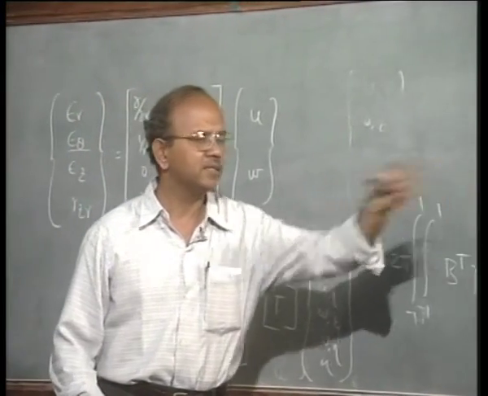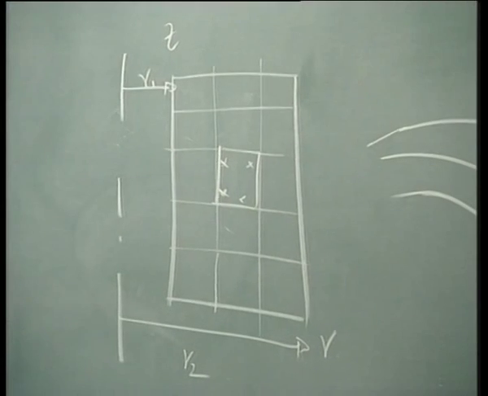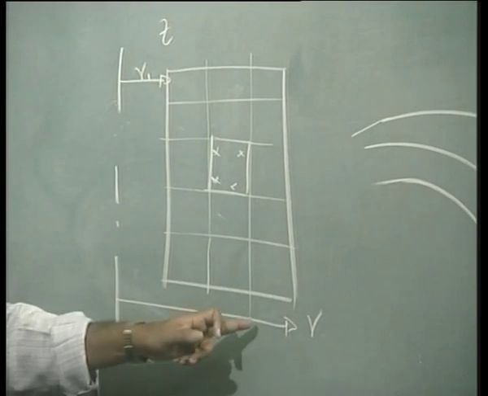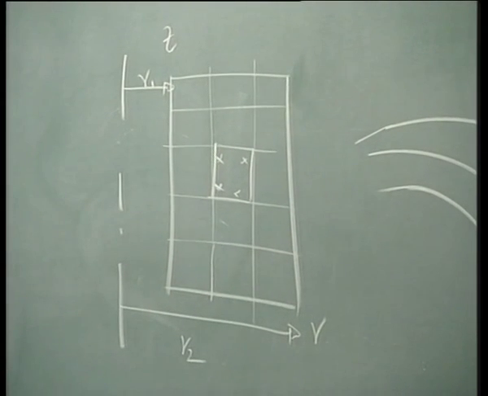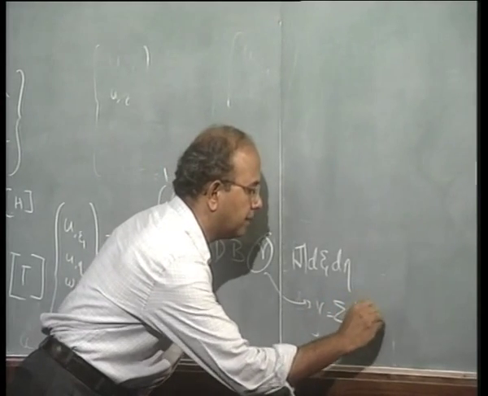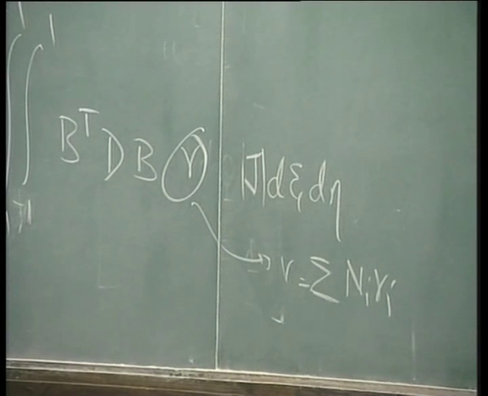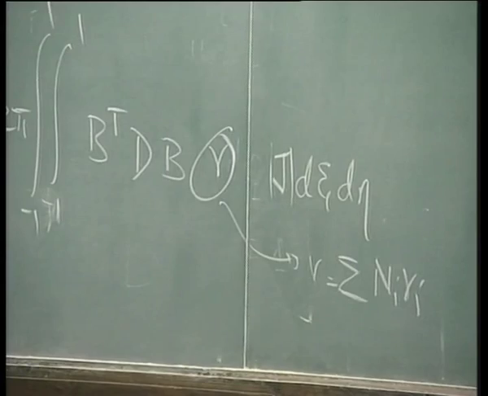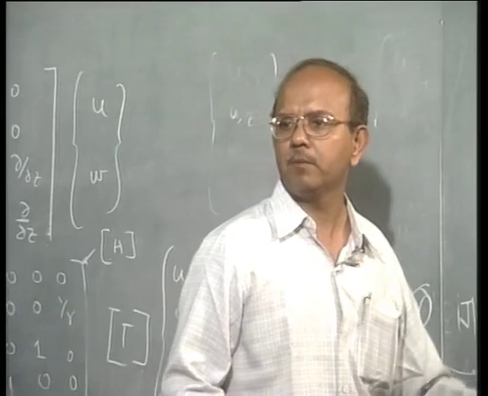I need to get the shape functions at these Gauss points, and r at the Gauss points can be written as N1 r1 plus N2 r2 plus N3 r3 plus N4 r4. So this r is nothing but sigma Ni ri, because the psi and eta values of the Gauss points are known. Substitute them here, so you will get sigma Ni ri.